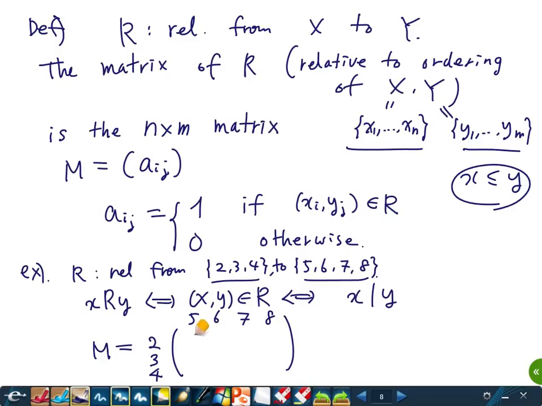No, so this will be 0. 2 divides 6, so yes. 2 does not divide 7. 2 divides 8. 3 does not divide 5. 3 divides 6. It does not divide these, but 4 divides 8. So this is the matrix of the relation R. Any questions?